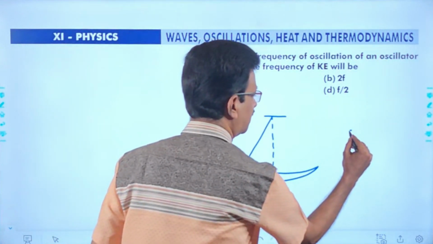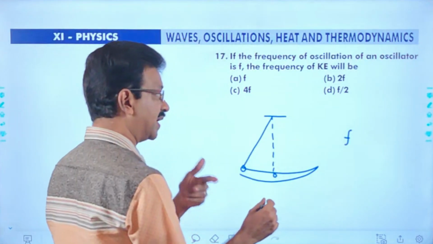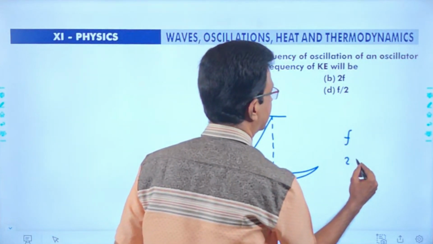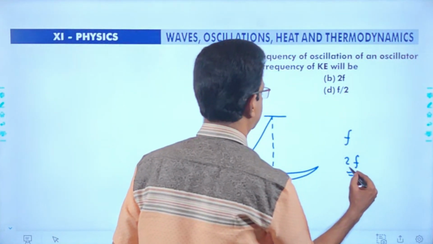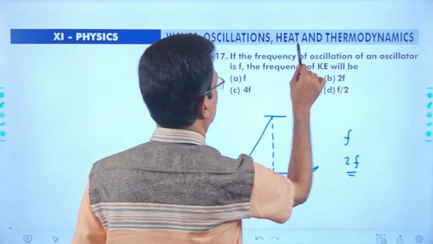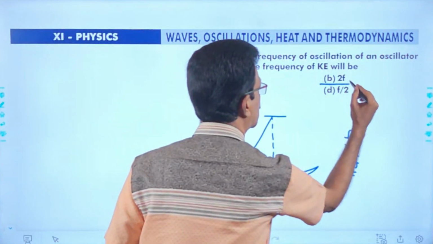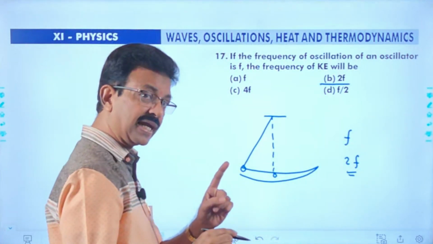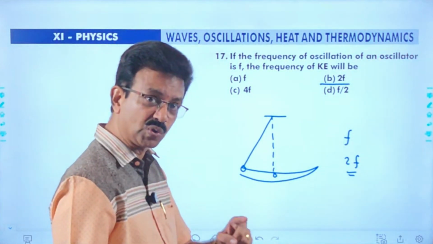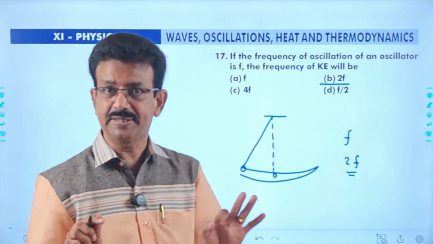Means per cycle 2 times it goes through the KE peak point. Answer to this question is B choice.